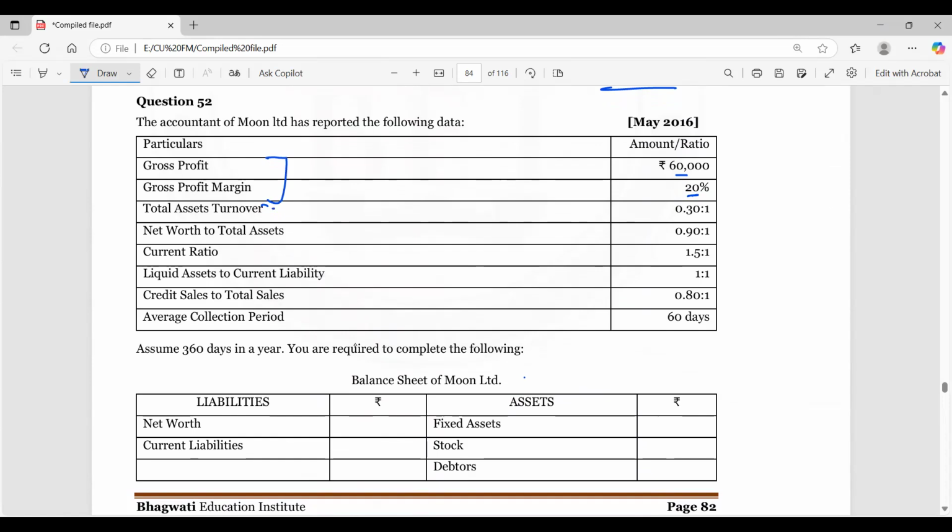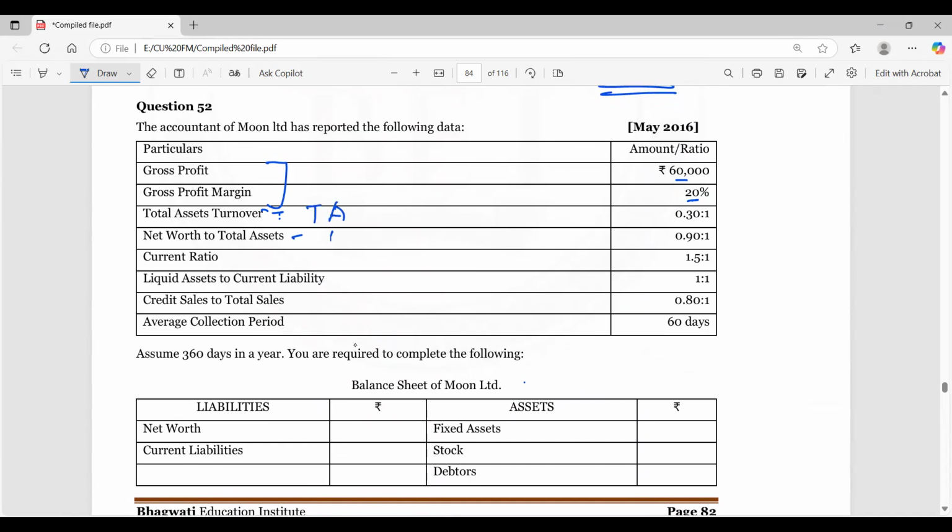Then total asset turnover. From this, we can calculate total asset. From this, we can calculate equity. Then current ratio is given. Liquid asset to current liability, what is that? Quick ratio, which can be used for calculating inventories.